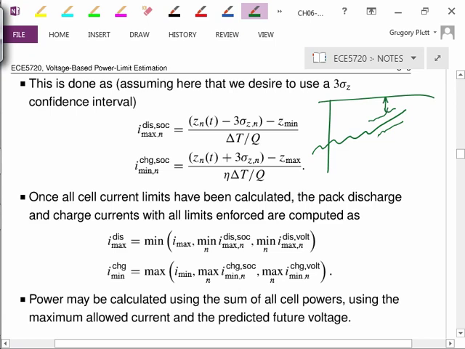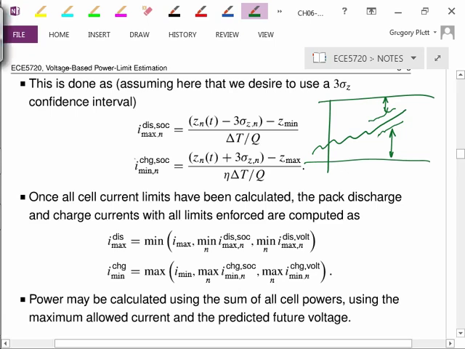When I'm computing charge power, I use SOC plus 3 sigma in my computation. And using discharge power, I use SOC minus 3 sigma, so that I can say I'm quite confident that I'm within those limits, but I don't know if I'm at the upper limit or the lower limit. I'll assume the worst case for both computations.